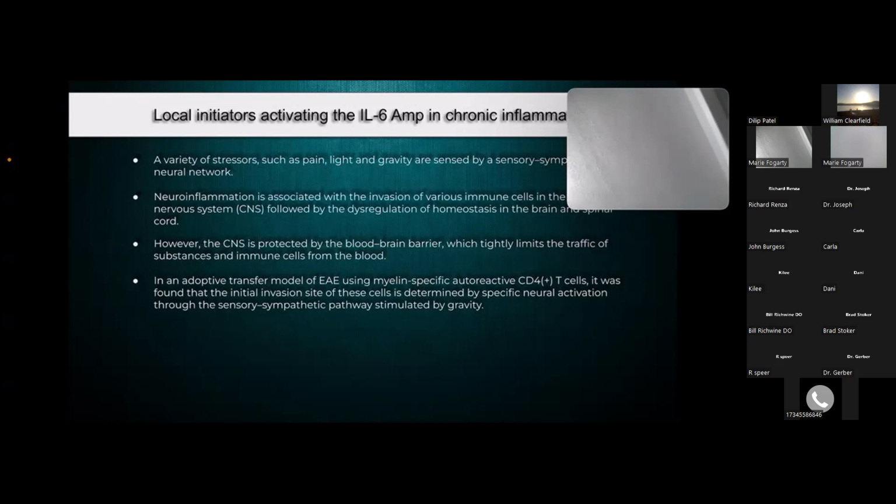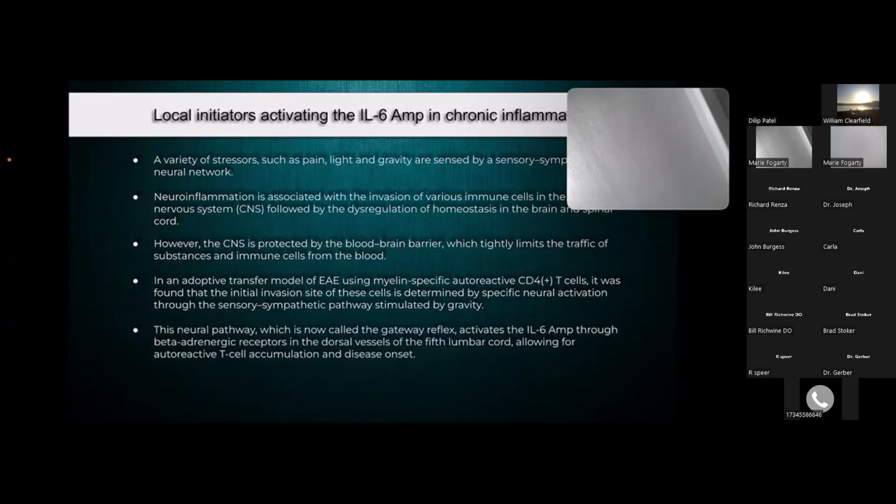Now, back to the lower back, that pathway and gravity is actually a muscle, and I apologize, I think it's the soleus muscle, but the tightness of that muscle, which connects to the lumbar spine, triggers a sensory sympathetic pathway. If the gravity is coming from the muscle pulling down on the vertebra, that's what's going on, and causing CD4 cells to invade the dorsal horn of the spinal cord.